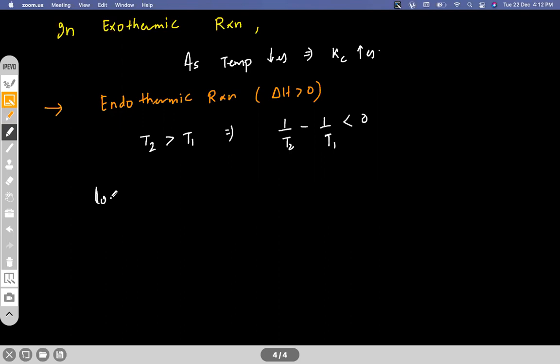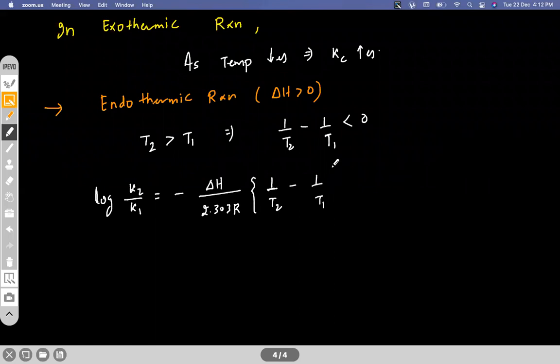In the Van 't Hoff equation, log of K2 by K1 is equal to minus delta H divided by 2.303 R times (1 by T2 minus 1 by T1).